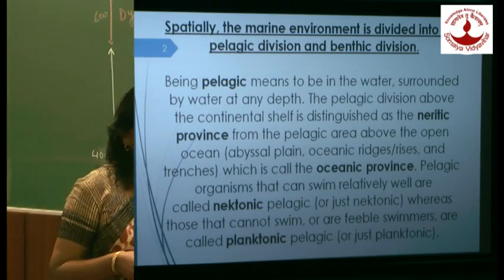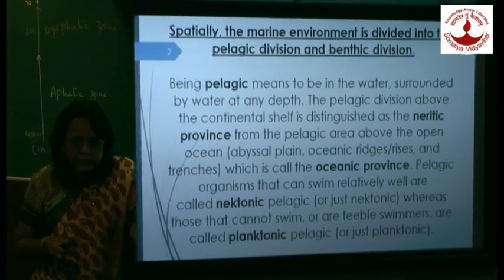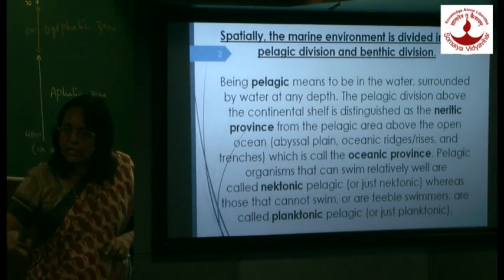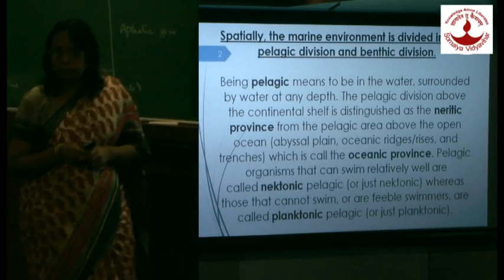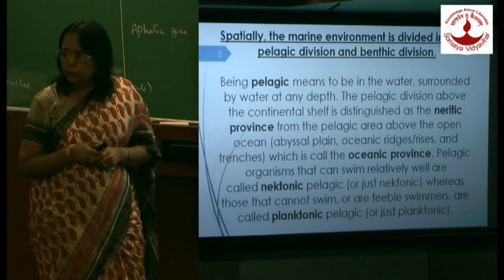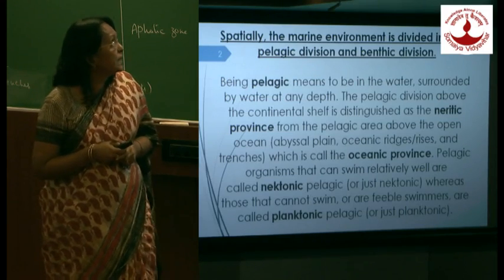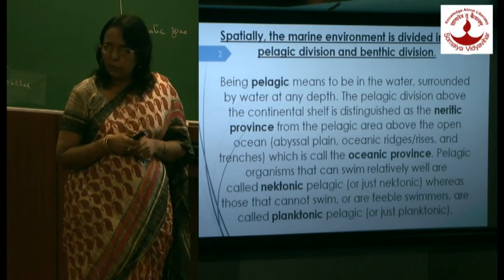Like for example, we have this table. Now, beyond this table, whatever is there, you can imagine to be water, and there is mass of land. Now, that mass of land which is there below, it has got different topography. That also we should know. So, basically, pelagic means to be in water, surrounded by water.